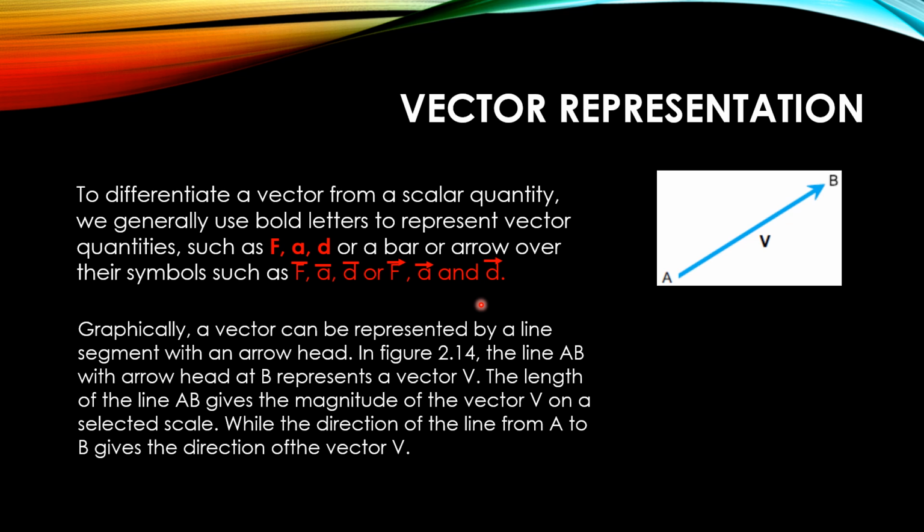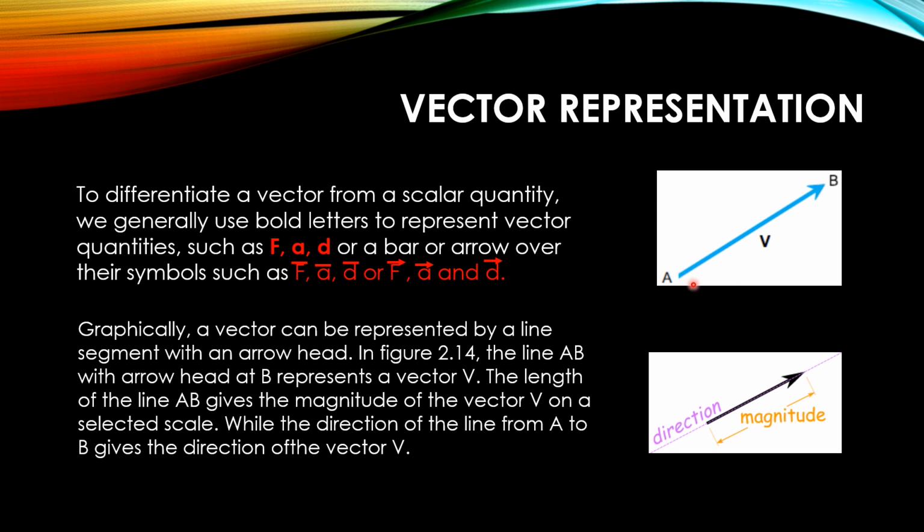The line AB with arrowhead at B represents a vector V. The length of the line gives the magnitude of the vector V on a selected scale, while the direction of the line from A to B gives the direction of the vector V. As you can see in the figure, the length of this line from A to B will give you the magnitude of the vector V, and the direction of the arrow will give you the direction of the vector V. So that is how we can represent a vector.